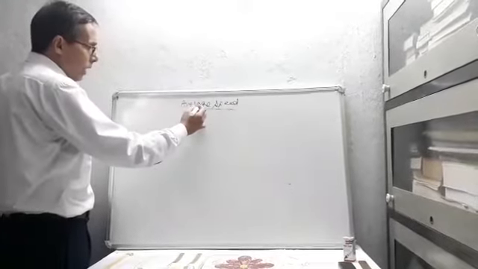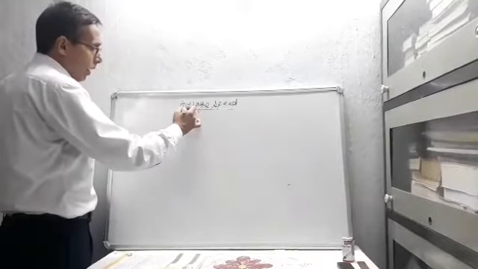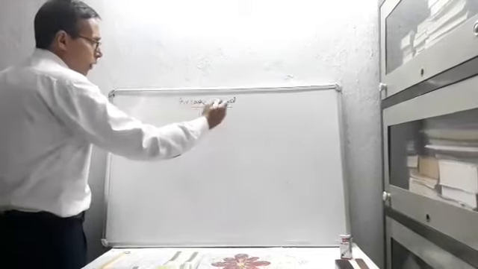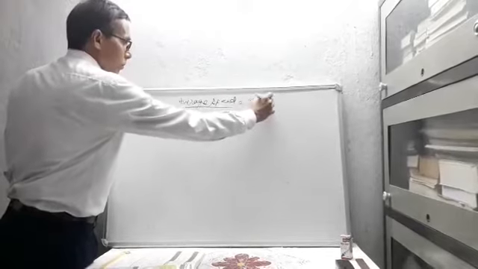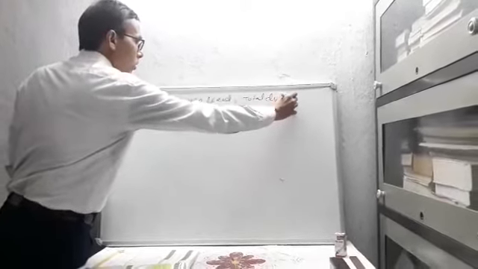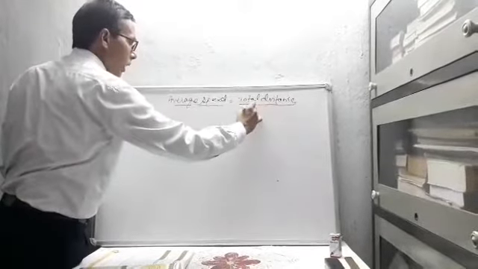It is defined as the ratio of total distance traveled by the body divided by total time taken. So the formula of average speed is equal to total distance traveled by total time taken.